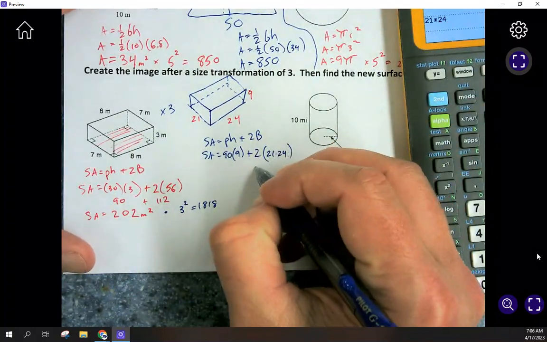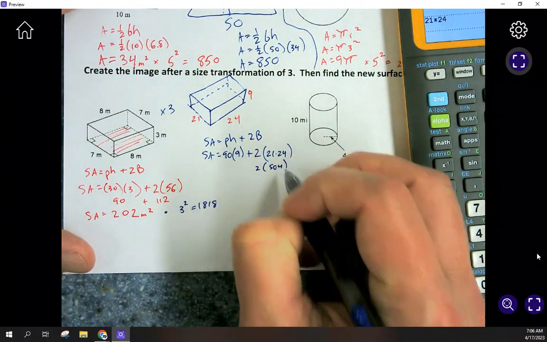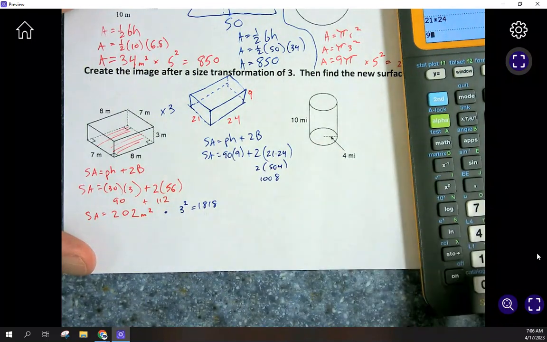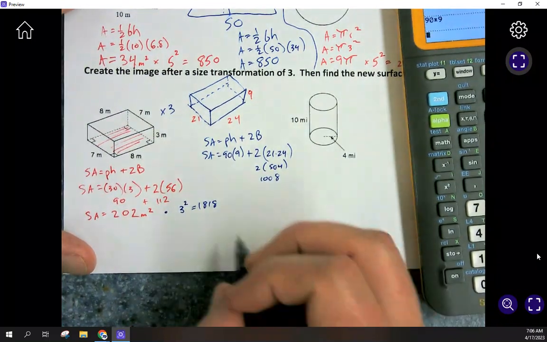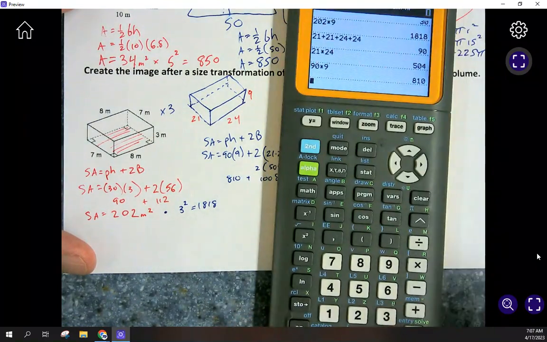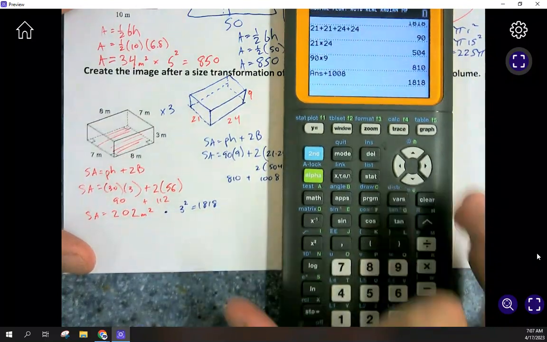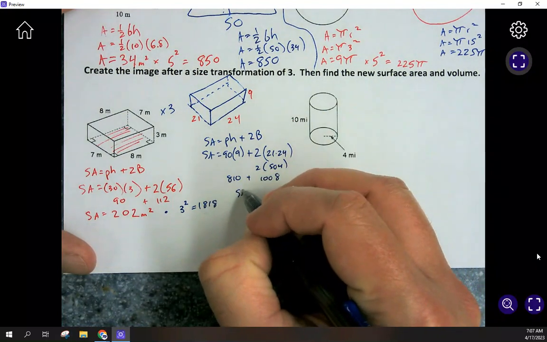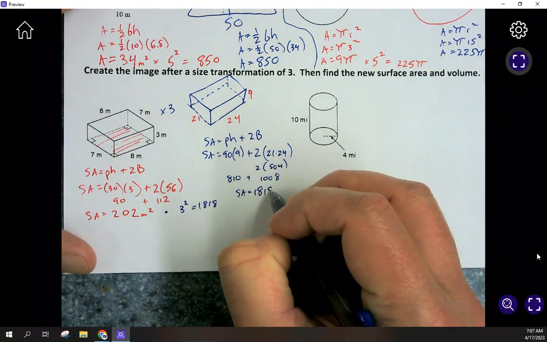So this is going to be 2 times 504, which is 1,008. 90 times 9 is 810. And if we add 810 plus 1,008, sure enough, there is our 1818. So surface area equals 1818.